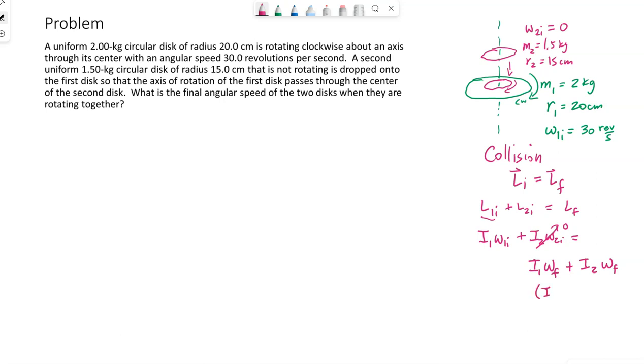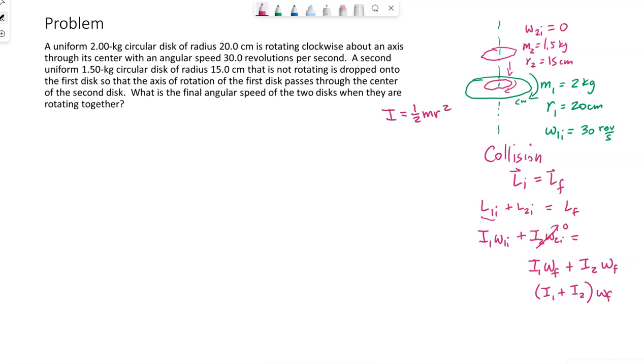But because they are rotating together, we can factor the omega final out and simply add their I's together. We cannot add their masses together and plug into an equation for moment of inertia. For disks, we know I is 1/2 mr squared. The two disks have different masses, different radii, so we have to calculate their I's individually.